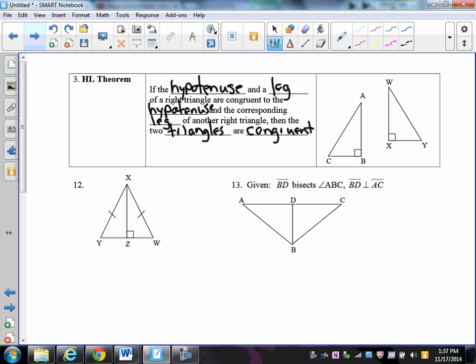So with this, we see right away that we have two right angles. So all I need is for legs to be congruent and the hypotenuse to be congruent, and that would be enough to show that these triangles are congruent by hypotenuse leg. This should be easy to show because by the Pythagorean theorem, we would know the third side would be congruent, and that would just be side, side, side, right?